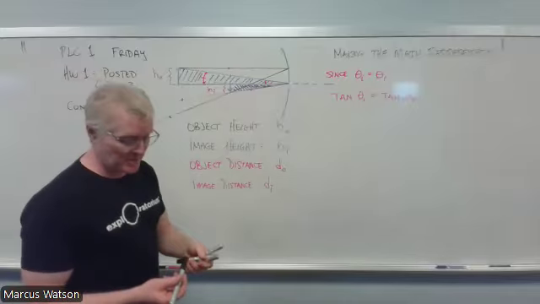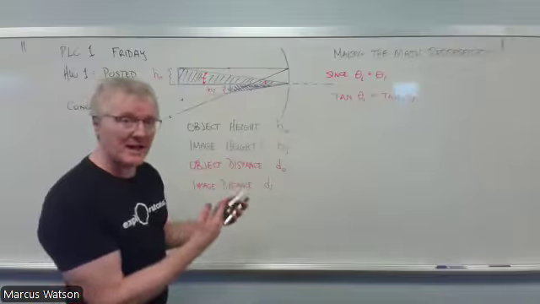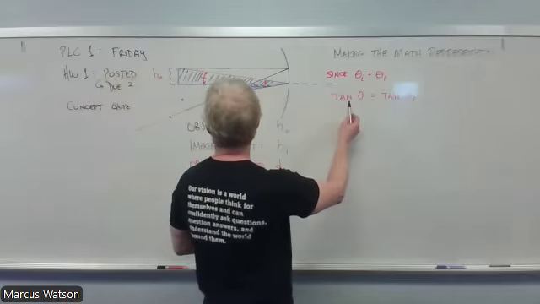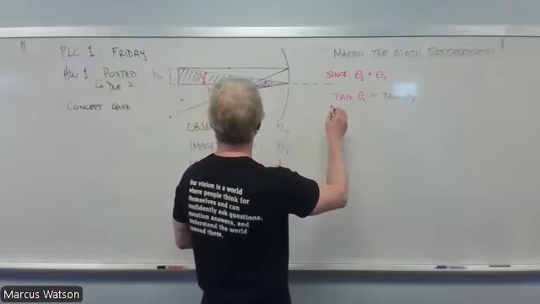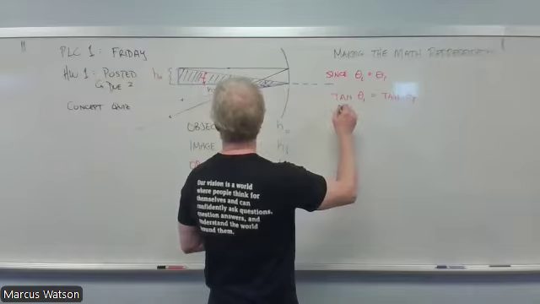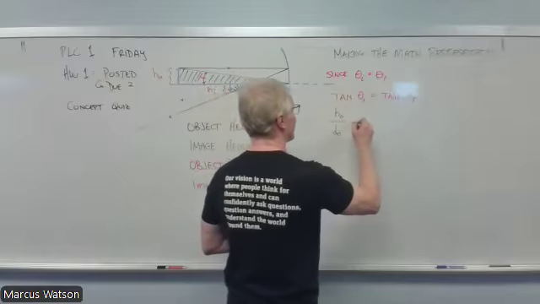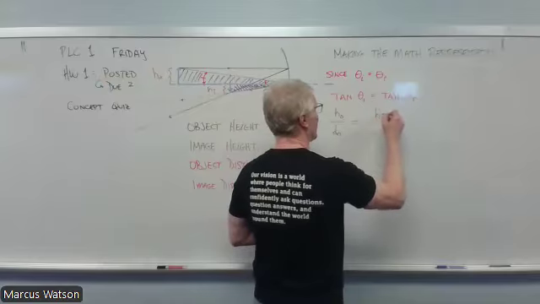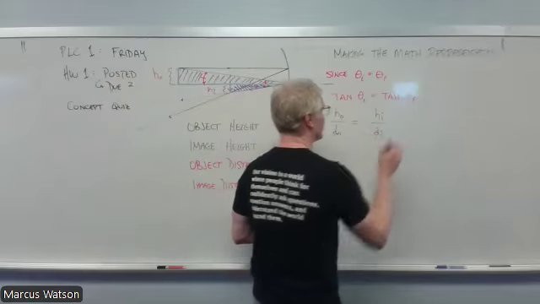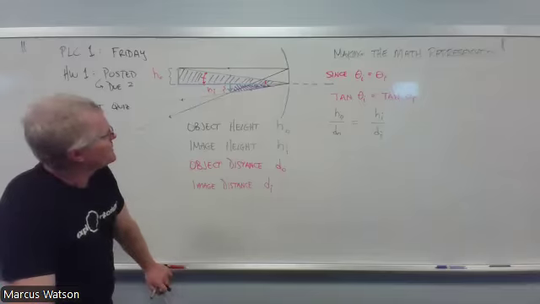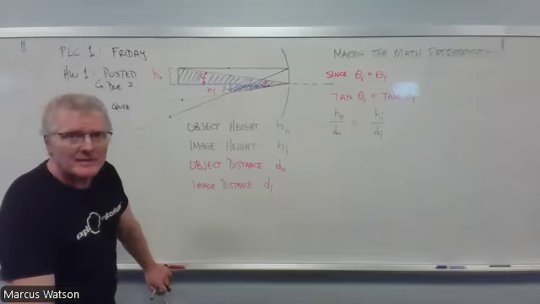Since the tangents are equal, then the ratios of those sides are also equal. So the tangent of theta I, the incident angle, is object height over object distance, and that should equal image height over image distance. All right? Sound good? Hopefully. Similar triangles.